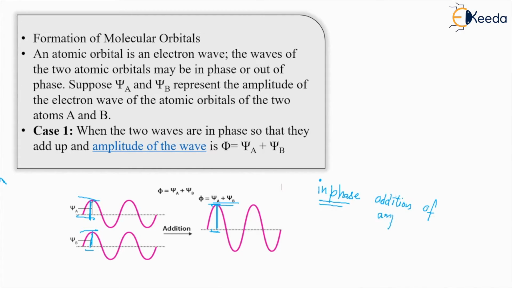And why won't the amplitudes add themselves? If I have a wave over here which goes in this particular direction, let's name this wave A. If I have another wave over here which again goes in the same way, let's name this wave B. I have wave A, I have wave B. Now, if both of them are in the same phase and we are making another big wave out of it, I'm just drawing it over here.